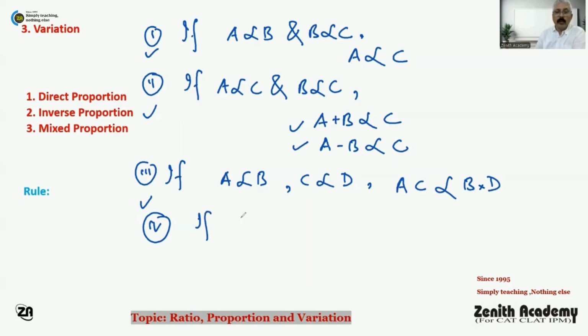If A is directly proportional to B, then A to the power n will be directly proportional to B to the power n.